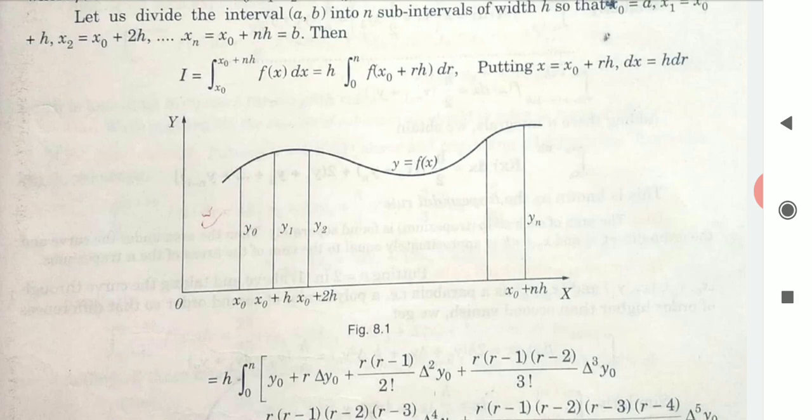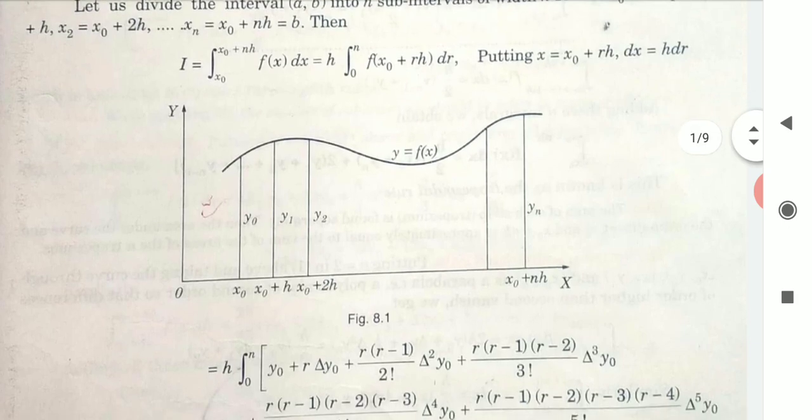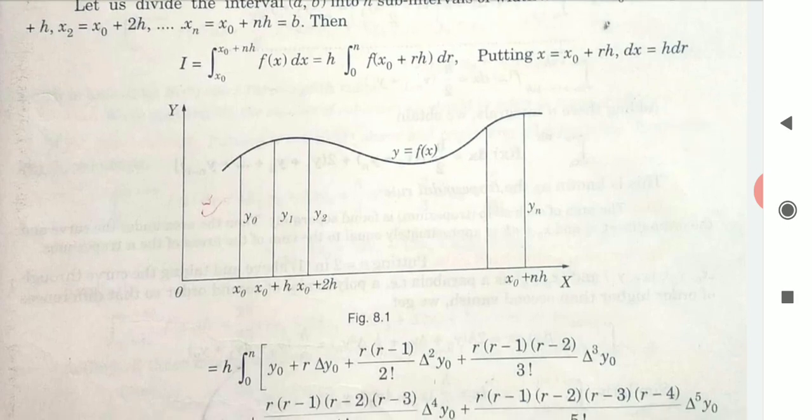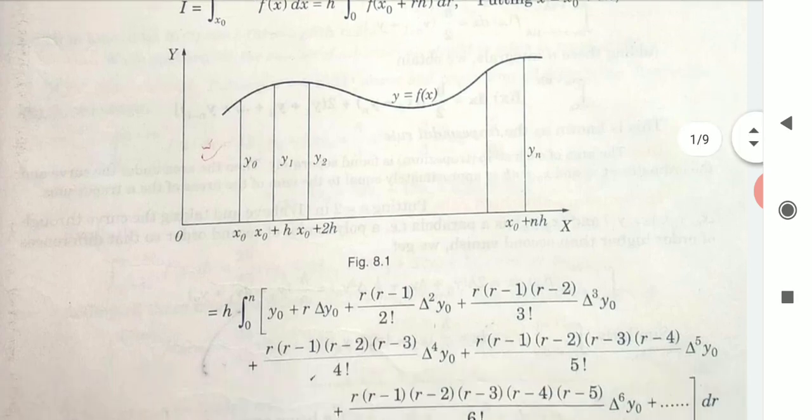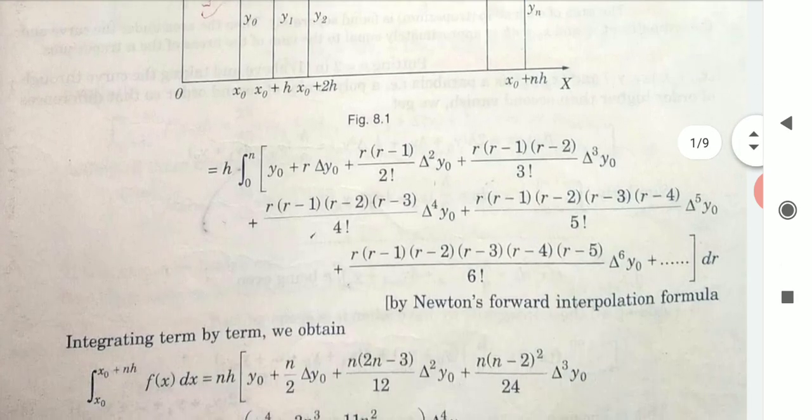Small r I am talking about. The substitution is made in such a way that r is doing the work of p there. Just the notation is different, but the meaning is the same, because r is equal to x minus x naught upon h. Just remember this.